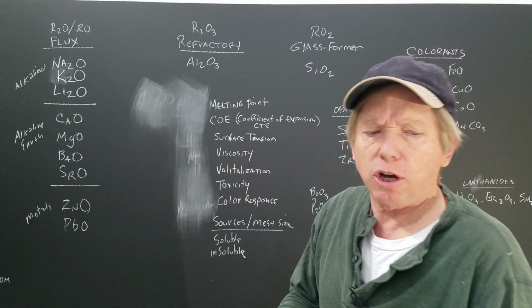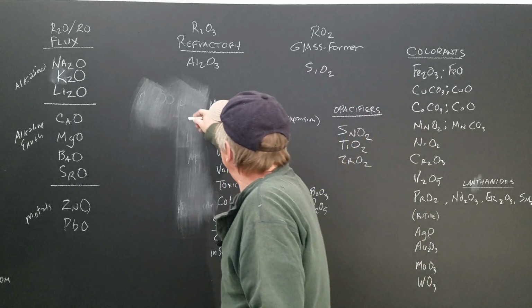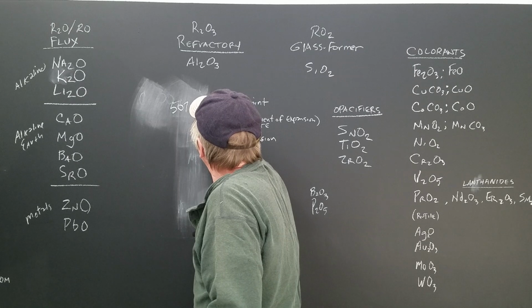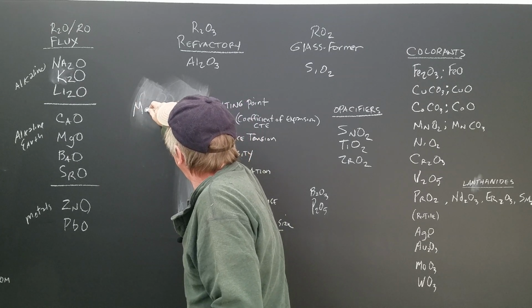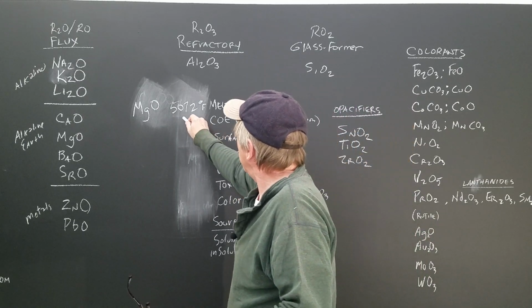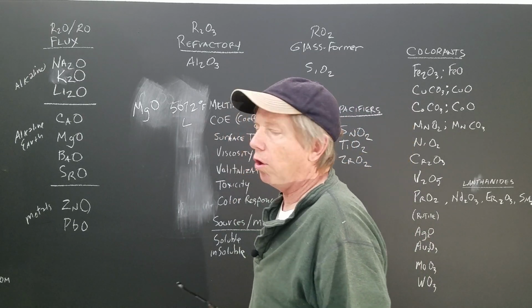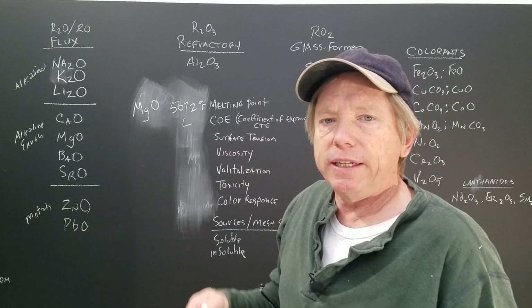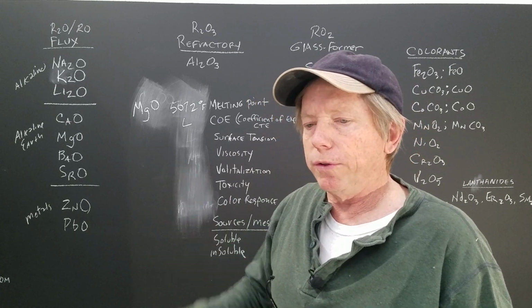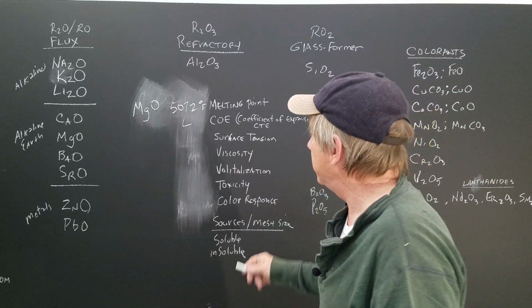Okay, now we're going to talk about magnesium, and it melts at 5072 F. Magnesium oxide has a low coefficient of expansion, so oftentimes people will add, say, talc to a glaze because that's magnesium and silica, and that'll lower the expansion and stop their crazing.